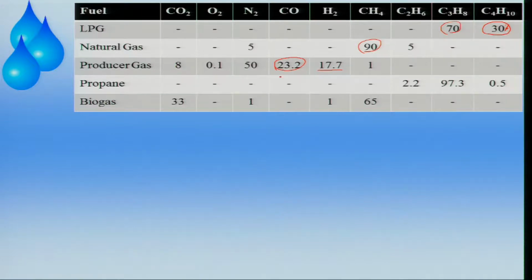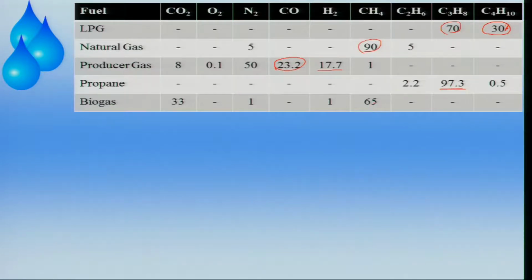But again I must tell you that these constituents will vary depending on the type of gasification unit you are using, and whether you are using oxygen or air. If you are using air, nitrogen will be more. And of course, propane generally contains a large amount of propane and small amounts of other hydrocarbons.